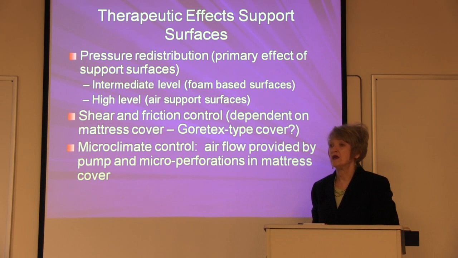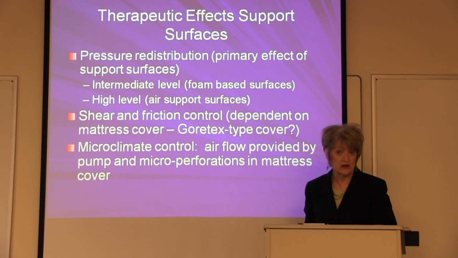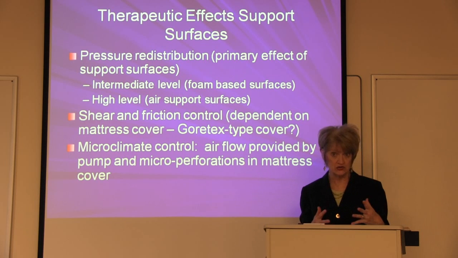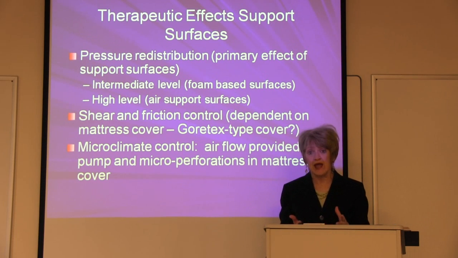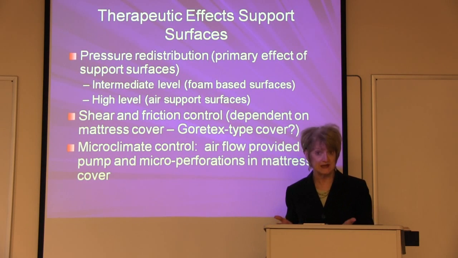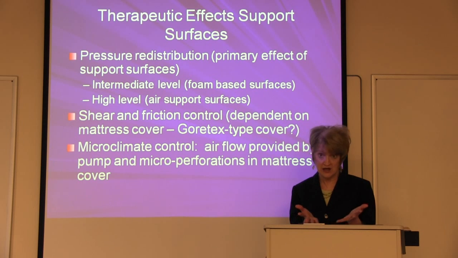The second thing is shear and friction control. And you can usually look at a device to determine if it's going to provide shear and friction control. You just look at the cover. Is it a Gore-Tex type cover? Is it very slick? Now, the companies have actually been involved in an initiative to quantify the level of shear and friction reduction, to come up with measures that they could carry out, that there would be an industry standard, and that they could use standardized testing and then give you standardized results.